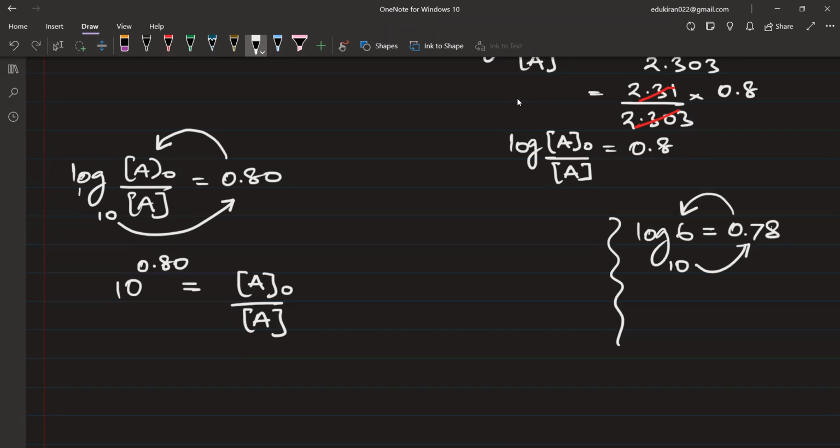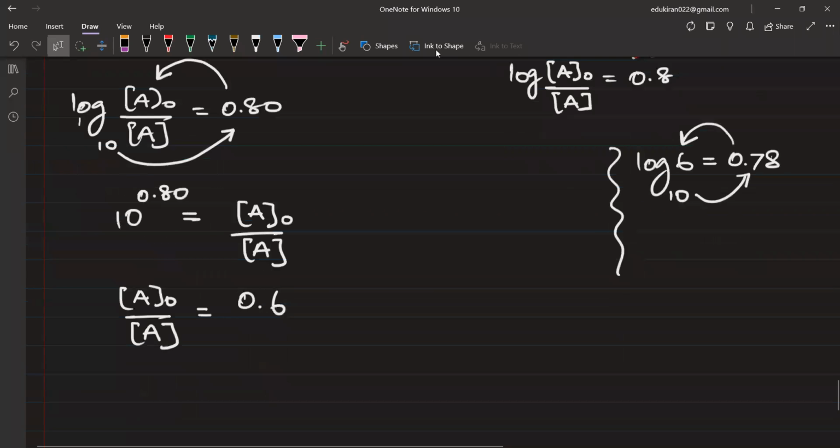So I can also write 10 to the power 0.80 will be approximately equal to 6. A naught upon A will be equal to 6, so A upon A naught will be 0.6. बोल सकते हैं ऐसा?